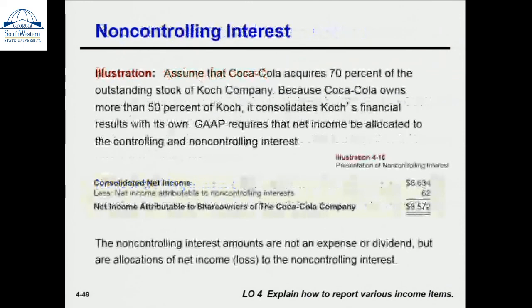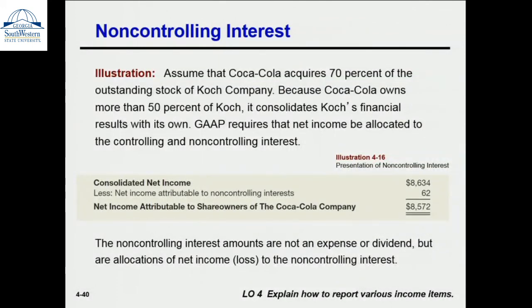That's the non-controlling interest. Okay, so the parent company had consolidated income of $8,634, but then they had some little bitty number with the non-controlling interest that they subtract out to get the net income for the parent company that's really theirs. That other 10% or whatever is not really theirs.